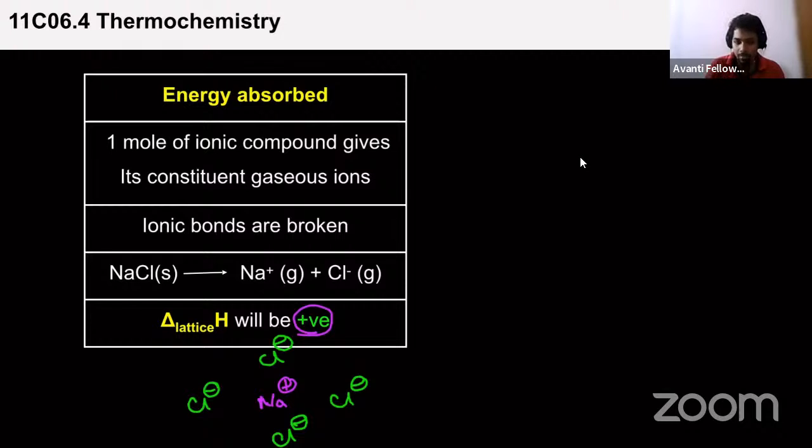All the sides have chlorine ions around the sodium ion. That means how many interactions is it having? 6 interactions, right? That means you need to break 6 attractive forces. That means you need to provide certain energy, right? That is the only reason why lattice energy is an endothermic reaction.